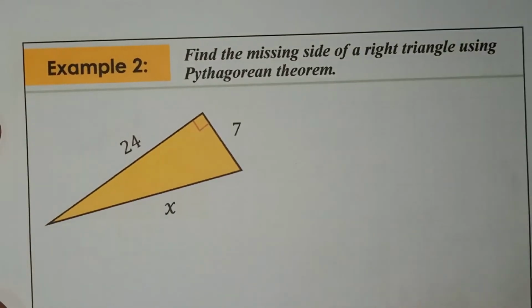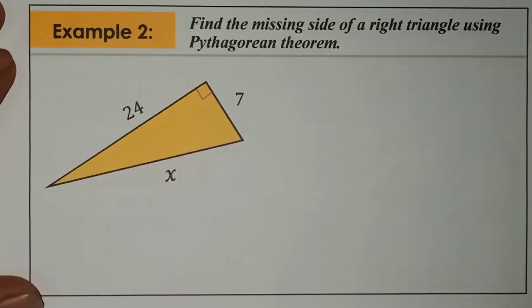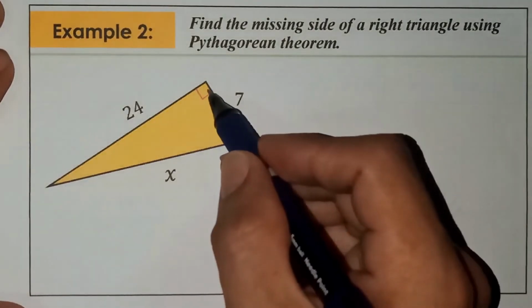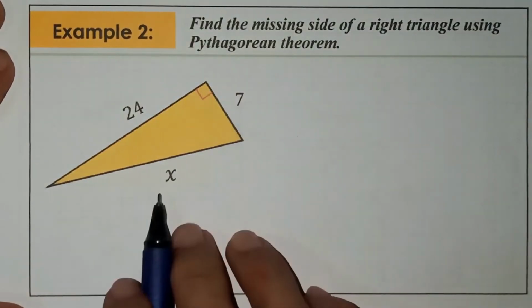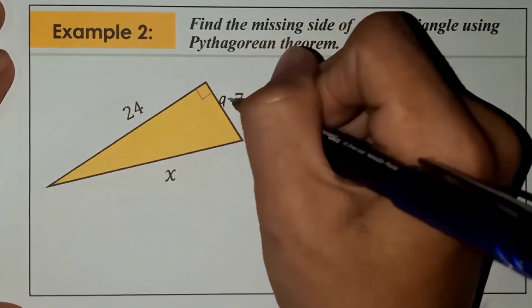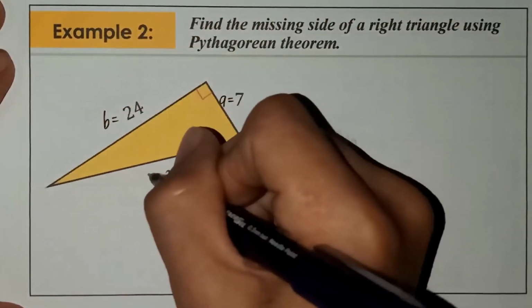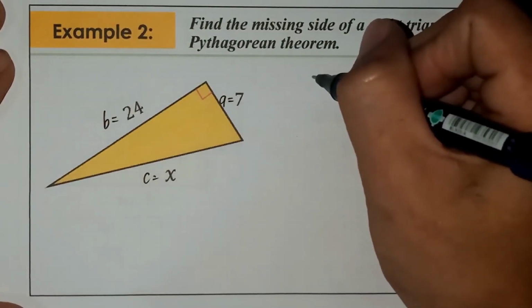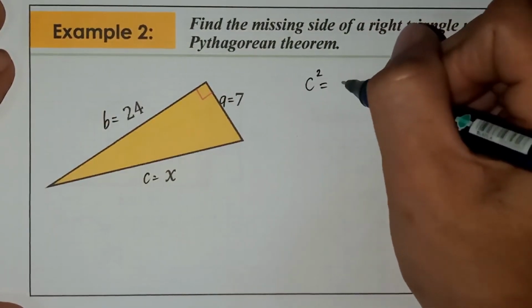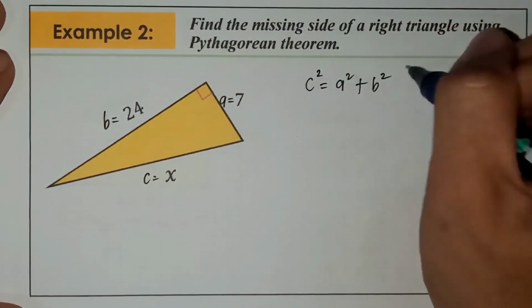In example number 2, find the missing side of a right triangle using the Pythagorean Theorem. Since the missing side here is the hypotenuse, this is A, this is B, and this is C. The formula is C squared is equal to A squared plus B squared.